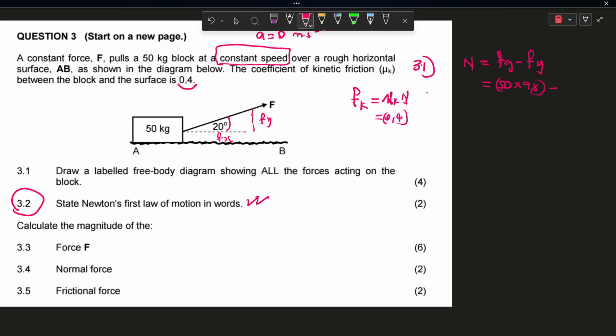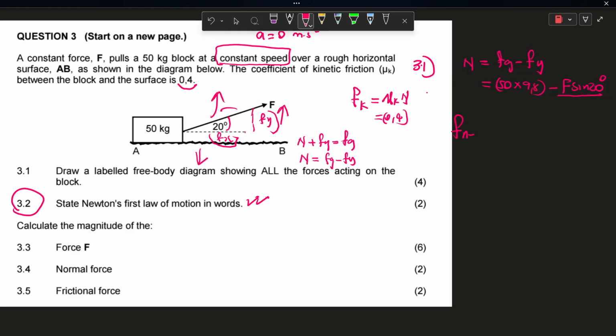And Fy is F sine 20 degrees. Why? Fy is going up and the normal is going up, while weight is going down. So N plus Fy is equal to Fg, and making N the subject gives Fg minus Fy. Using trig ratios, Fy is opposite over hypotenuse, that's why Fy is sine. Fx is adjacent over hypotenuse, so it will be cos.